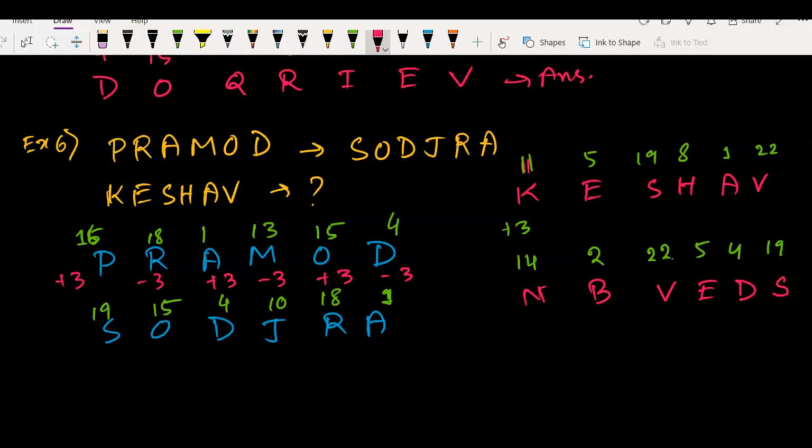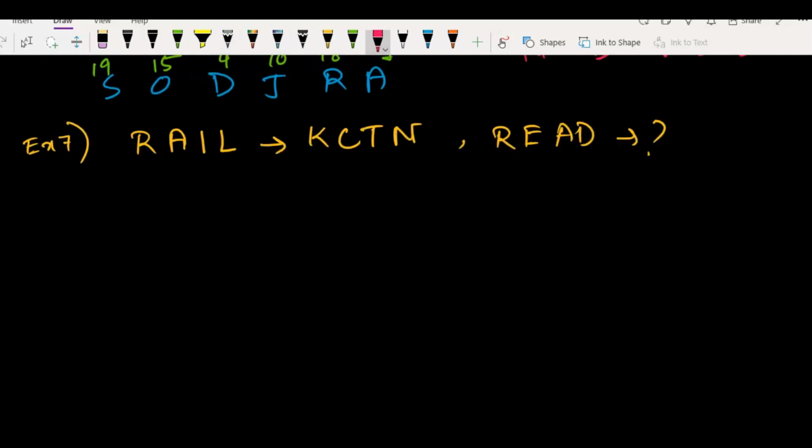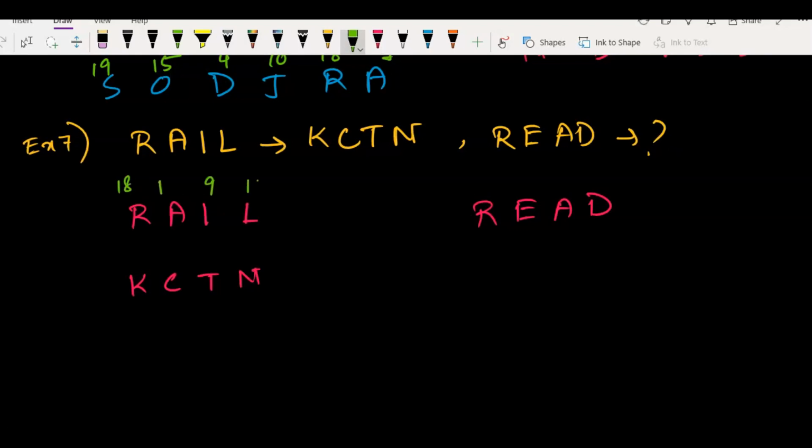Now let's come to question number 7. RAIL goes to KCTN. Then what about READ? So write the positions 18, 1, then 9, then we have 12.